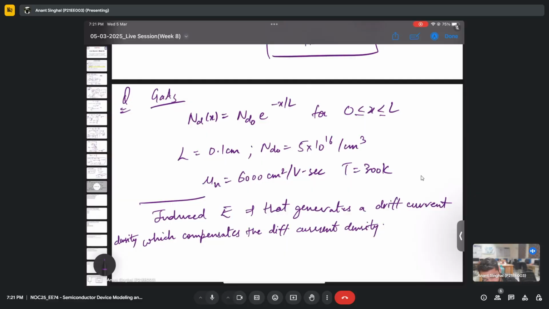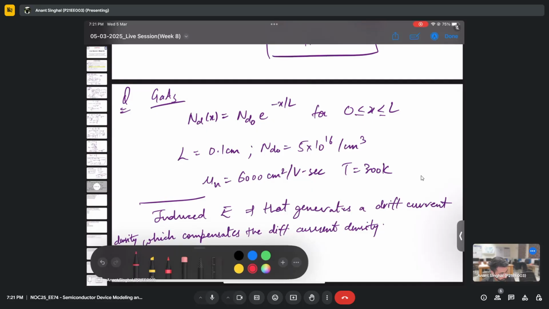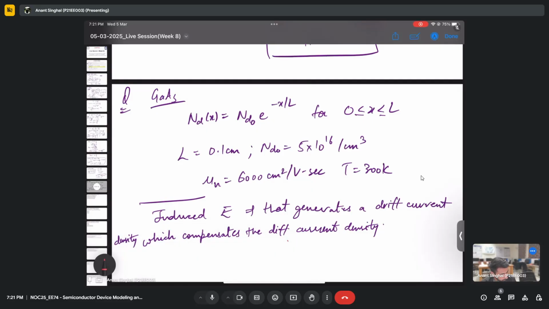So do you understand what I'm trying to say here? Any idea how we start to solve this? We need to find the value of E such that the drift current density is compensated by the diffusion current density.